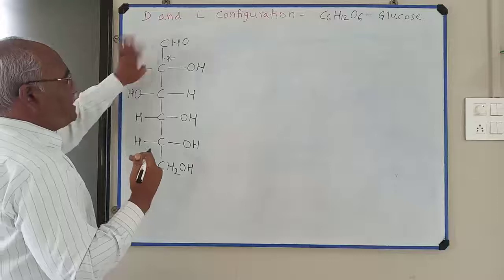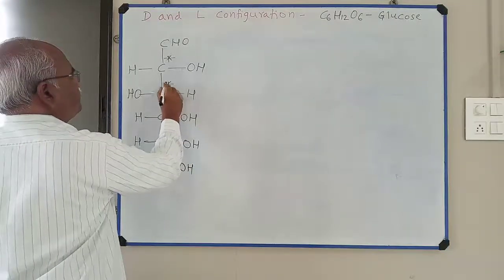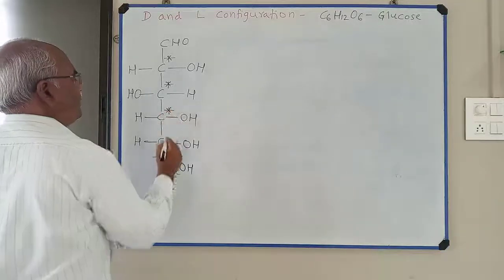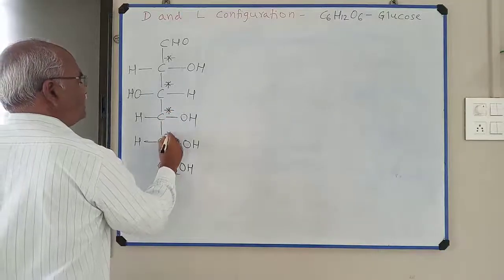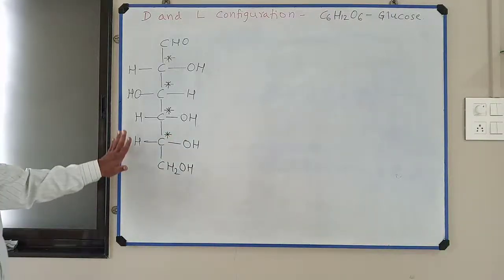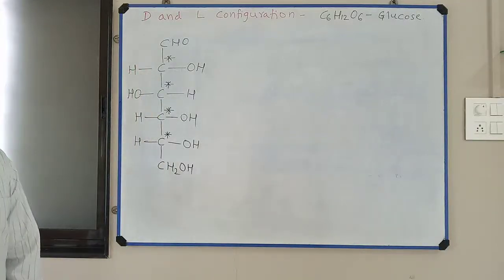So this is a chiral carbon atom. Similarly, this is also a chiral carbon atom. This is a chiral carbon atom and this is also a chiral carbon atom. In glucose, 4 asymmetric carbon atoms are present.